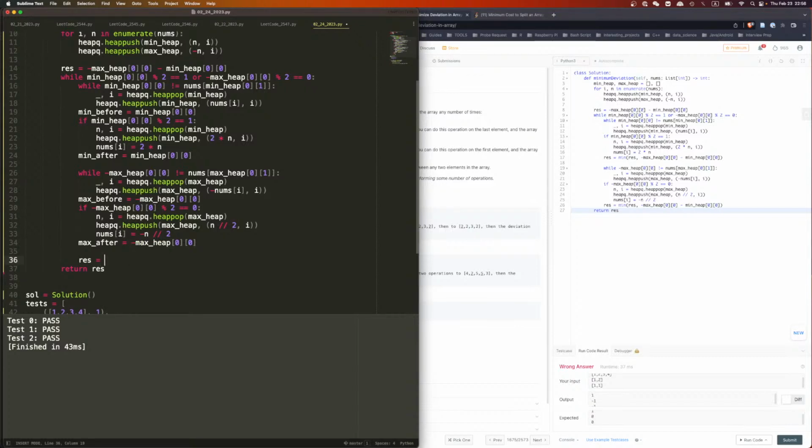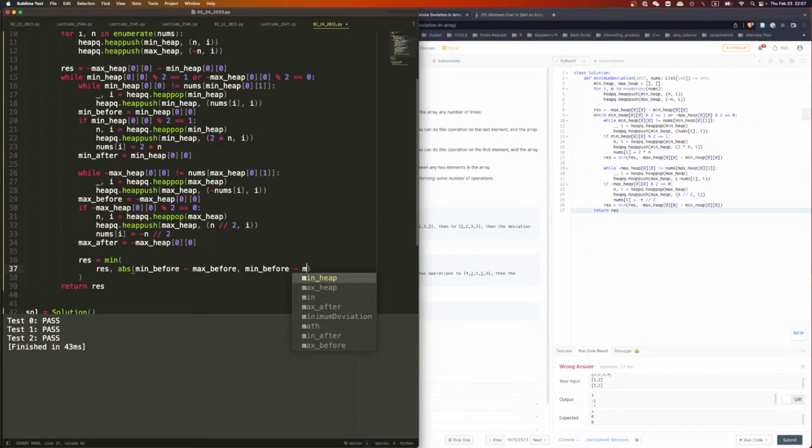Then we should say res equals minimum. Right? We have res. We can say ABS min before minus max before, right? And then min before minus max after.